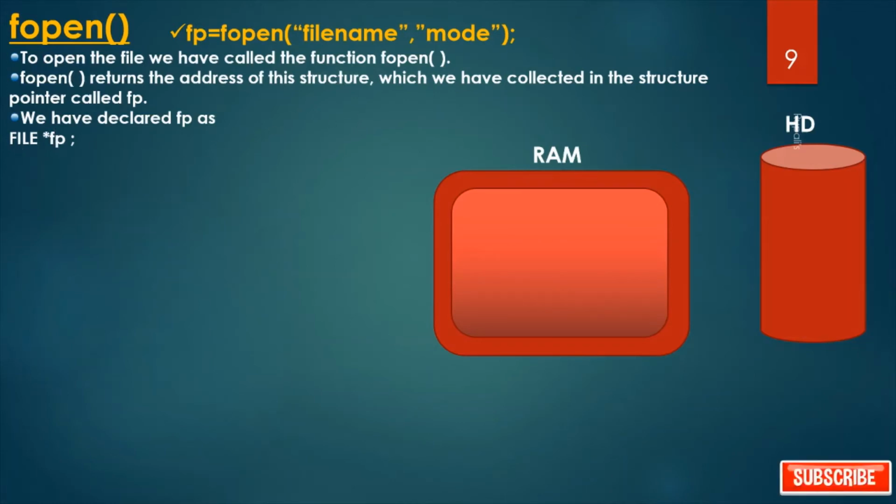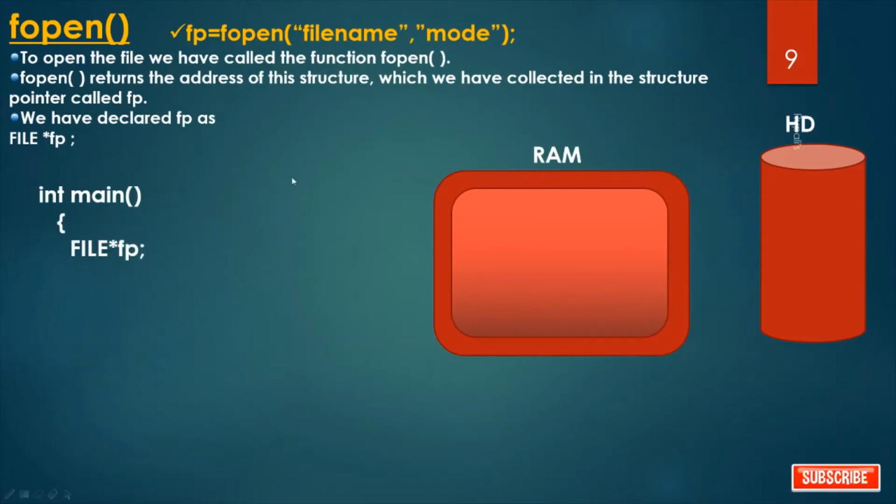See how this program works. First, you write main, then FILE *fp, meaning fp can hold the address of the file structure. Now you call the function fopen. Say the file name is f1.txt, a text file, and you want to open this file. So within double quotes you write the file name and the mode.